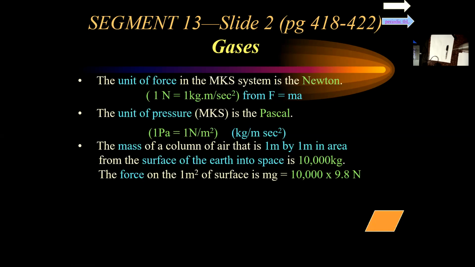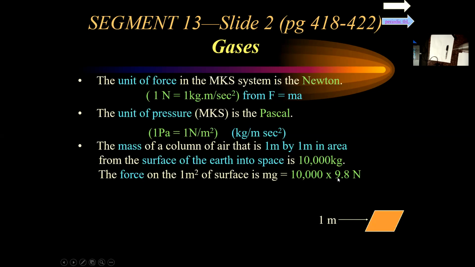The mass of the atmosphere is 10,000 kilograms, I think to at least 3 significant figures, if not 4. And if you multiply the mass times the acceleration constant for gravity, 9.8, you get newtons.